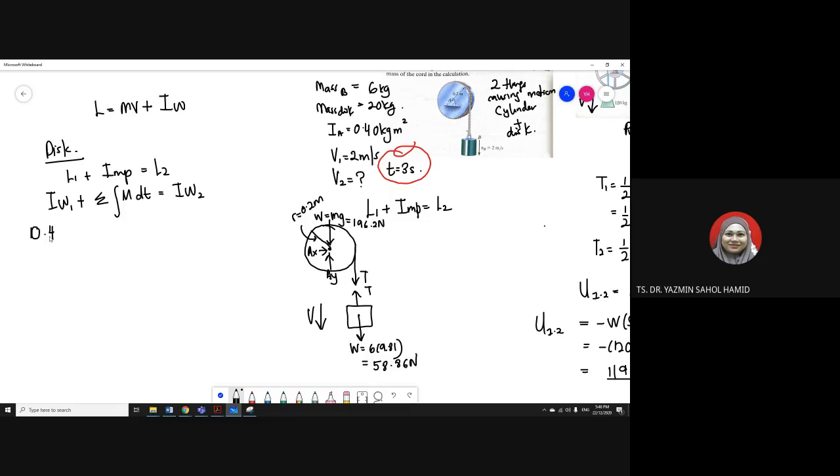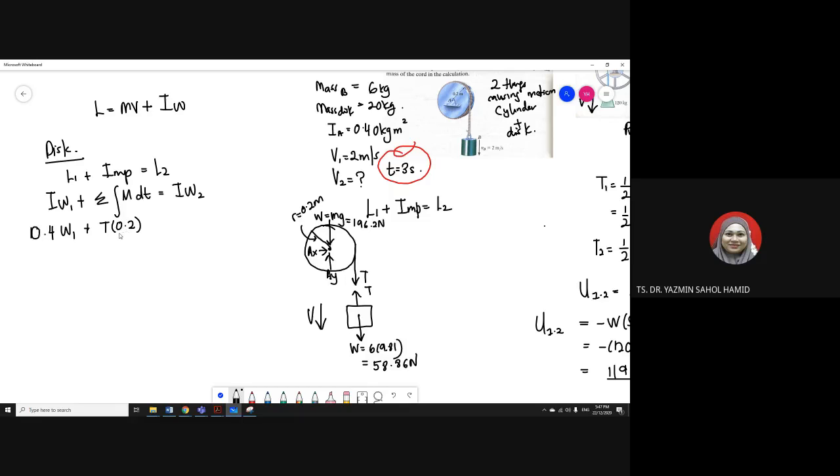What is omega 1? Do we know what is omega? Kita tak tahu what is omega. Okay. Now, what is the moment? So kita tahu moment is the force T multiplied by R. Okay, perpendicular distance R dia, which is 0.2.